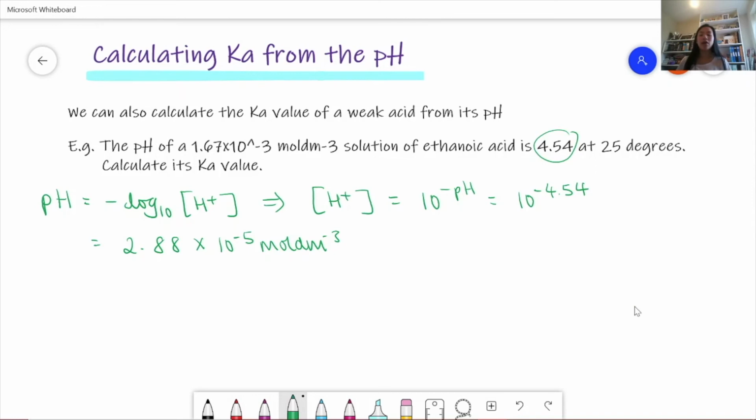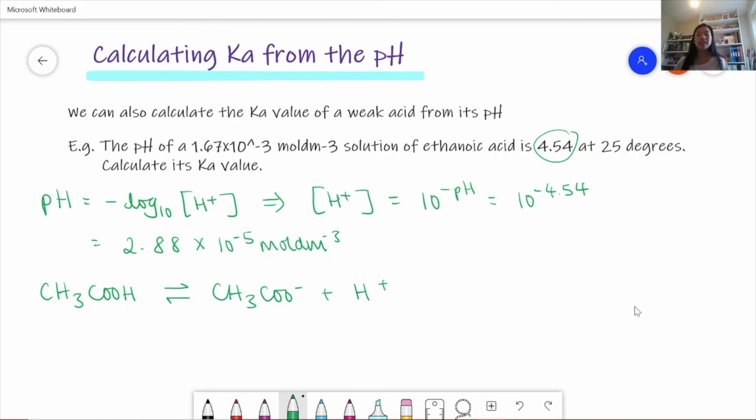So now we write out the equation of the reaction that's happening. So we have ethanoic acid, which has a formula of CH3COOH. And then this is in equilibrium with its dissociated ions, so CH3COO minus and H plus.